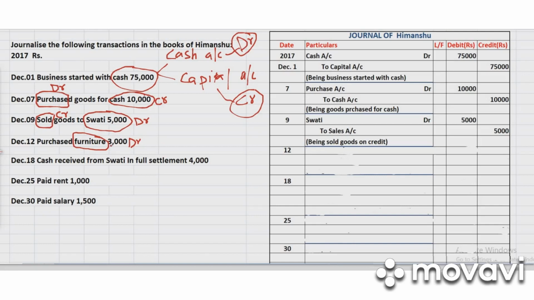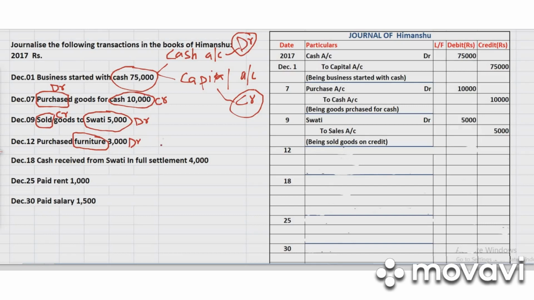So for this transaction, you credit cash. So when you credit cash, you debit furniture. So you can see both ways. Apply the rule for one particular account, then the other one will follow automatically. So here furniture account is debited, cash account is credited.